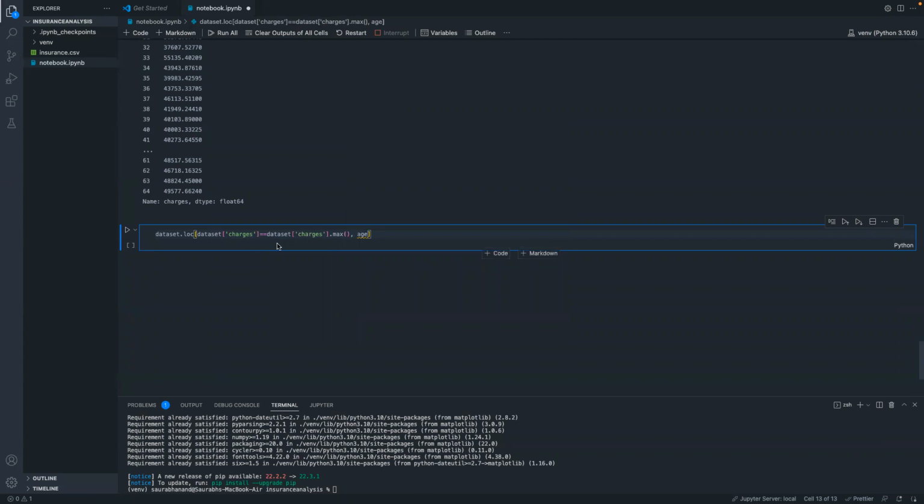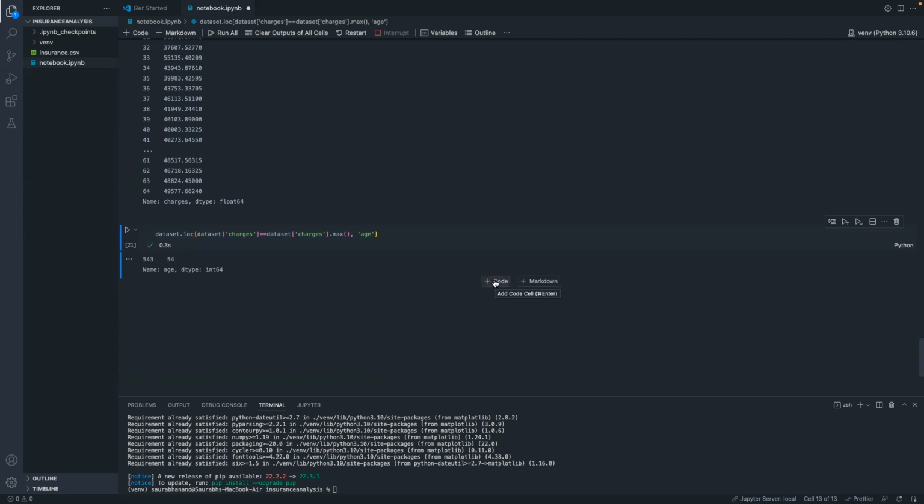I think this looks good. Oh, okay, oops, I forgot the quotes for age. Let's see what this gives us. So now we figured out that for age 54, our charge is maximum. So this is how, when you want to answer something and cannot find it, you can just Google it and see how that works.